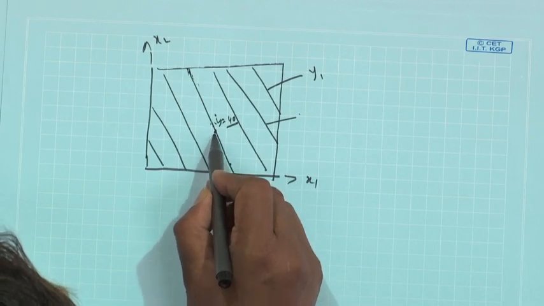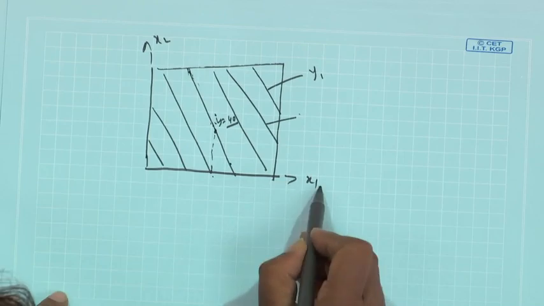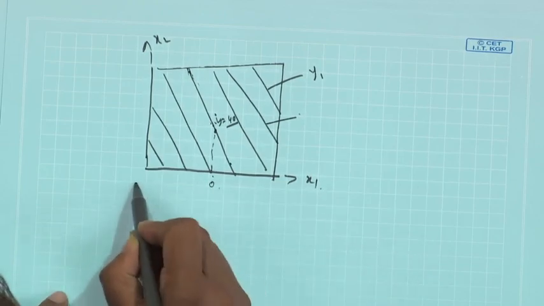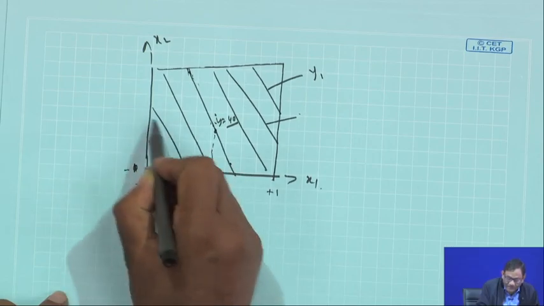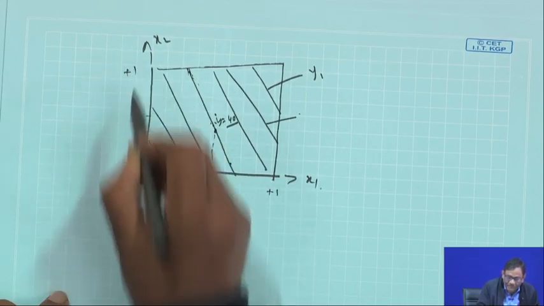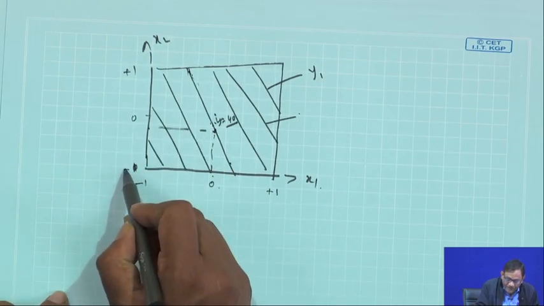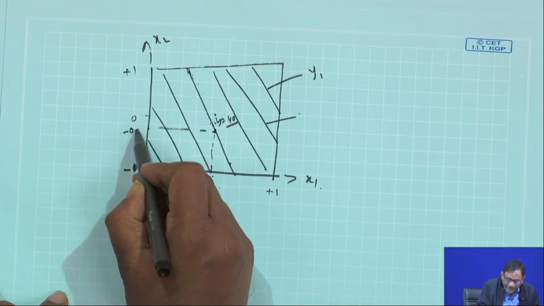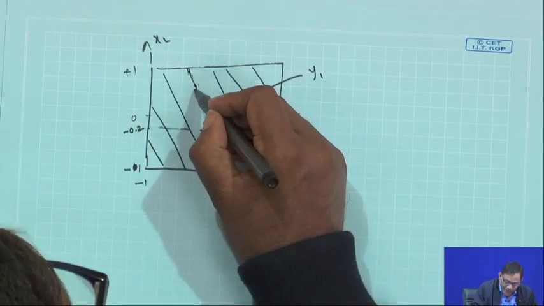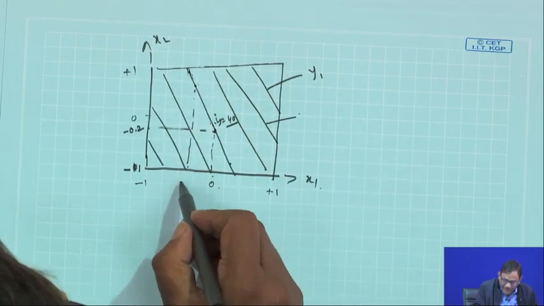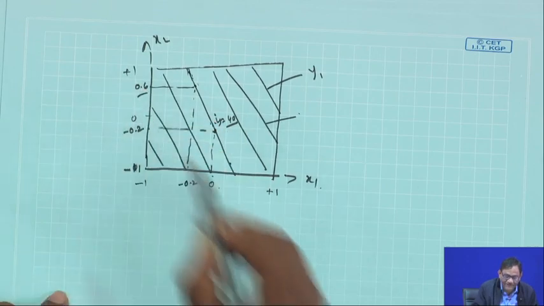If I consider this point and make a projection here, then x1 may be 0, this is -1, this is +1. So, this is again -1, this may be 0, this is +1. And if I do like this, this may be 0, this is -1, this may be -0.2. Suppose I take a point here, so this is again -0.2 and this may be 0.6.